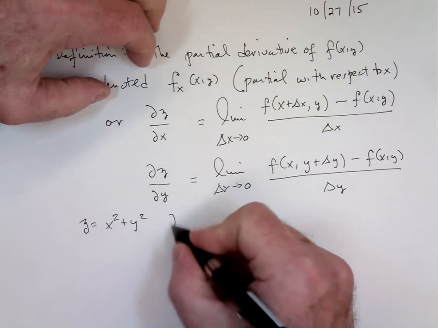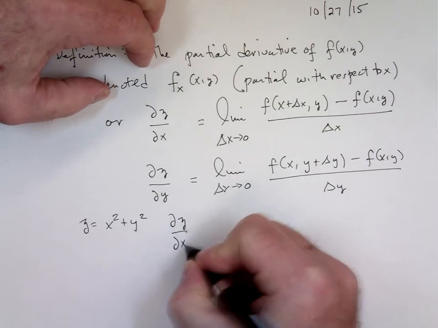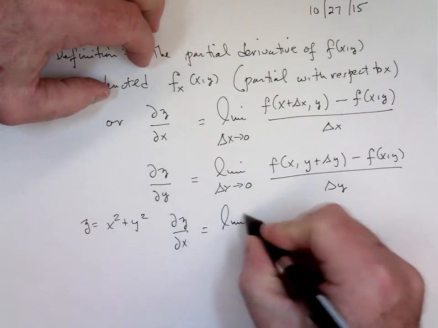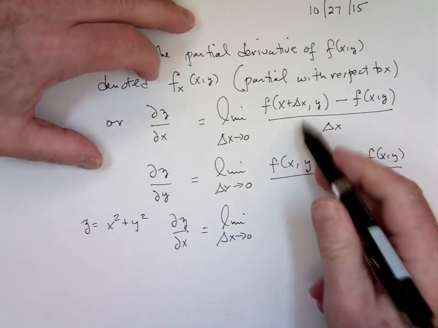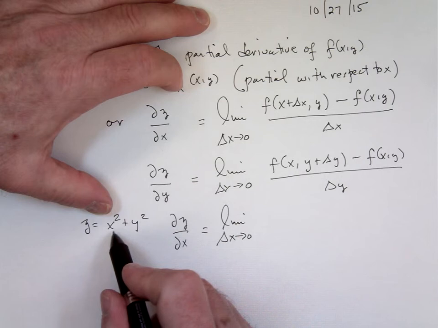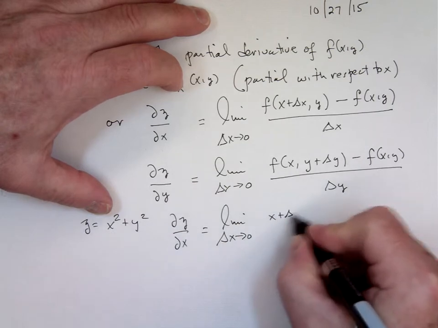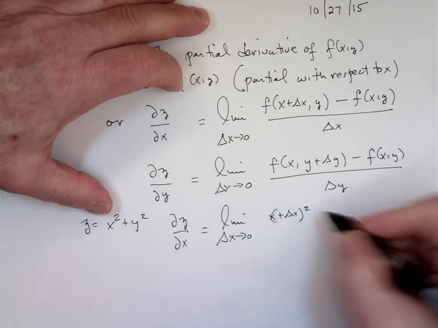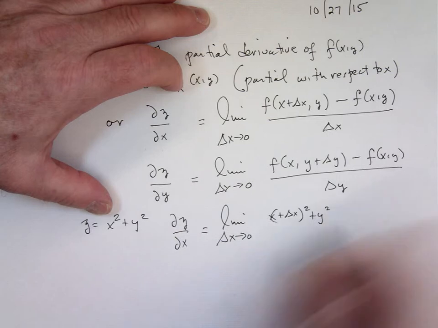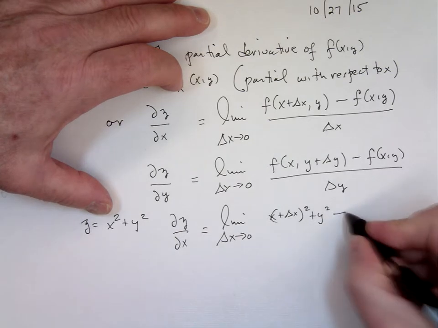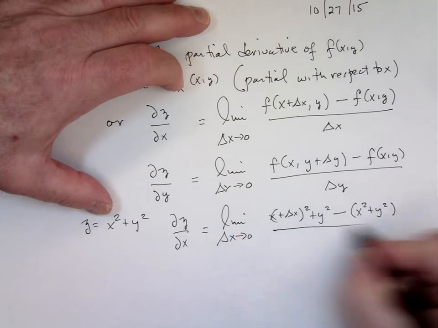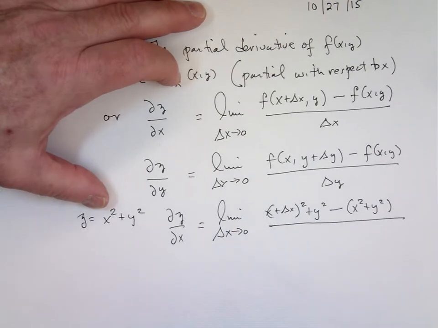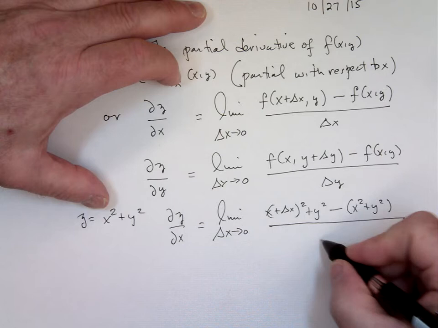So, partial with respect to x is the limit as delta x goes to 0 of f of x plus delta x. Well, let's see. That's x plus delta x squared plus y squared minus the original function, x squared plus y squared, divided by delta x.